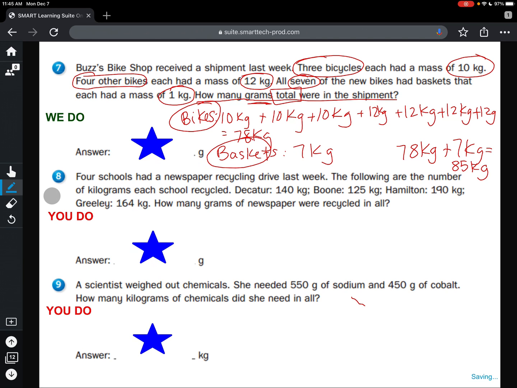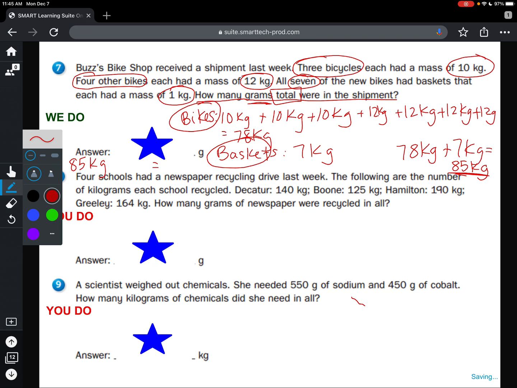Is that my answer? Does that answer our question? How many grams total were in the shipment? Not yet. Now I have to convert 85 kilograms to grams. How do I go from kilograms to grams?